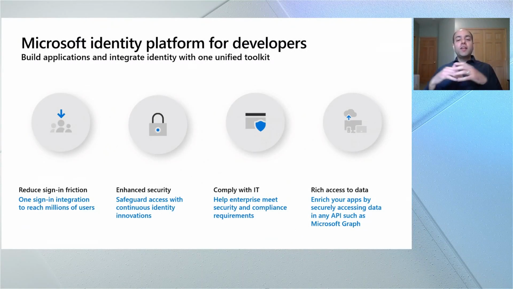Second, security is enforced by Microsoft, and you'll always get the latest in identity innovation, such as passwordless, without having to build it yourself. Third, your app will be easy to manage by IT and comply with IT policies. And last, your application will get access to rich data. It's easy to ask the user for permission to data and then call Microsoft Graph or your own API.